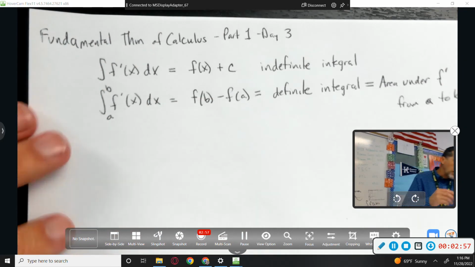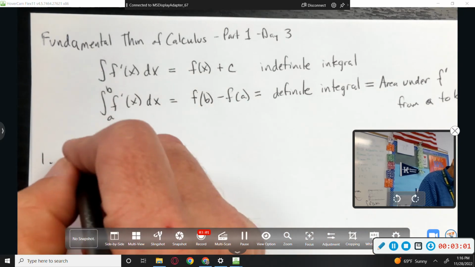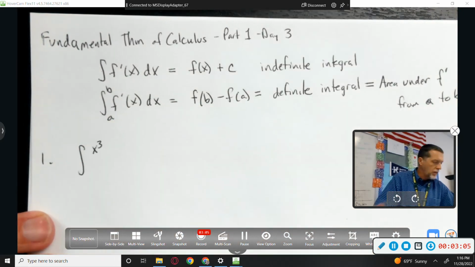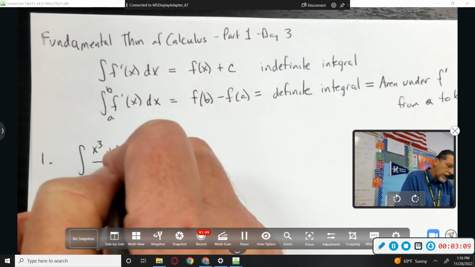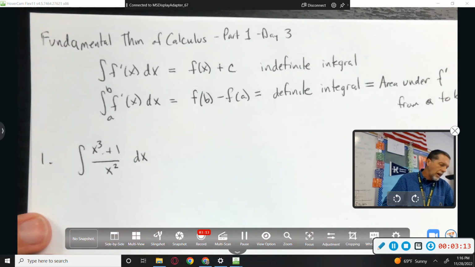Now let's do some problems that remind us or review some of that stuff. Antiderivative of x cubed plus 1 over x squared dx.